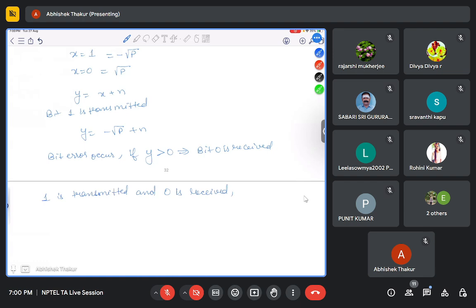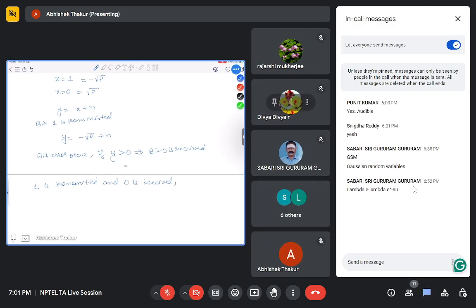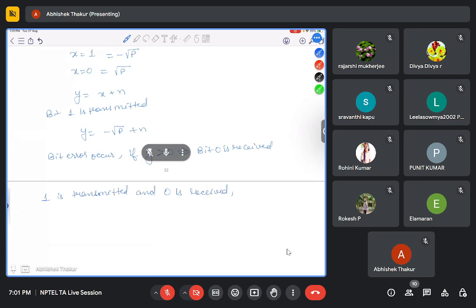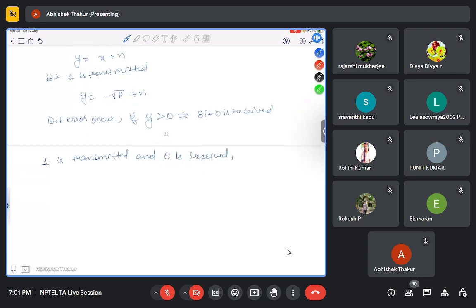So 1 is transmitted and 0 is received, so there is an error. Error has occurred.